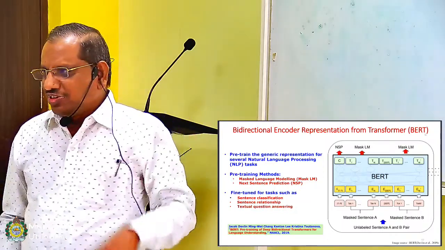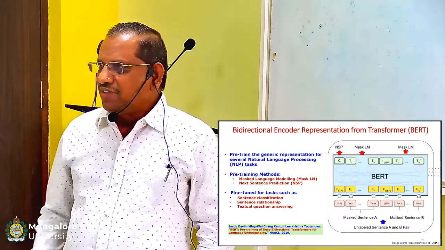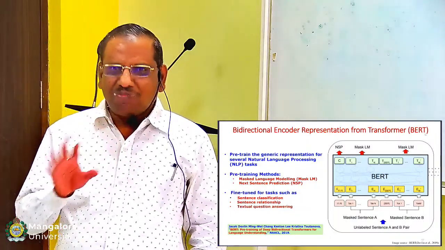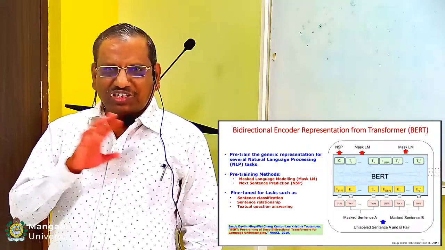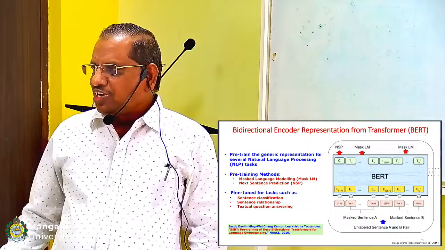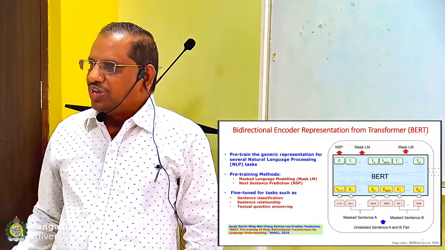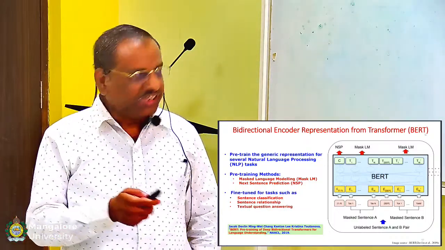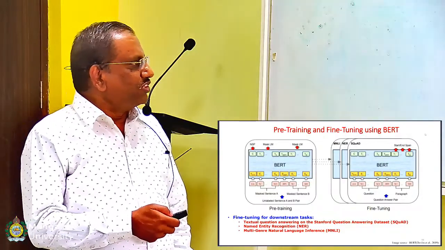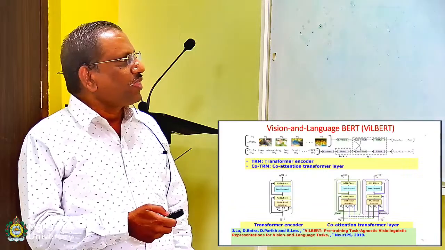Using pre-trained models has become very common nowadays, mainly because you need to build a complex model, but you may not have a sufficiently large number of training examples. So you take a pre-trained model and then do only fine tuning for the task that you are interested in.